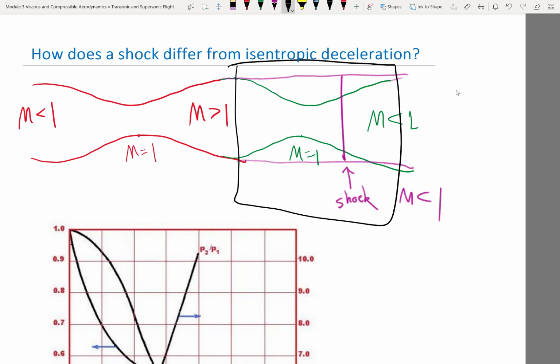That means the state at the outlet cannot be exactly the same for the green and purple case, right? So this is fundamentally why the deceleration by a shock cannot be isentropic. All right, the solution has to be different.